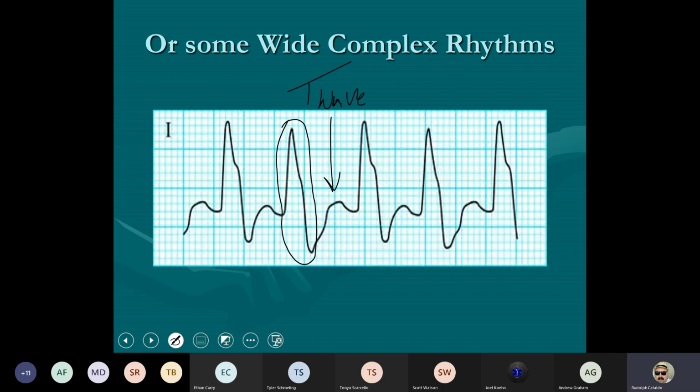Either way I look at it, it's wide, right? I mean, from the base, technically I go all the way over here. So 1, 2, 3, 4, which gives me 0.16. It's wide. It's way wider than it should be. Still VTAC.